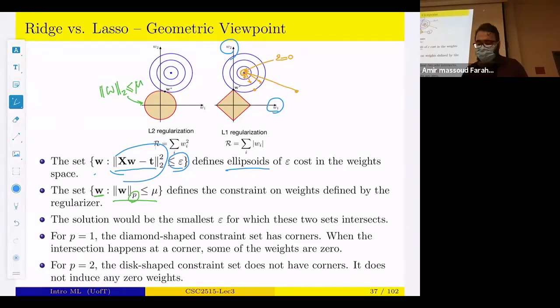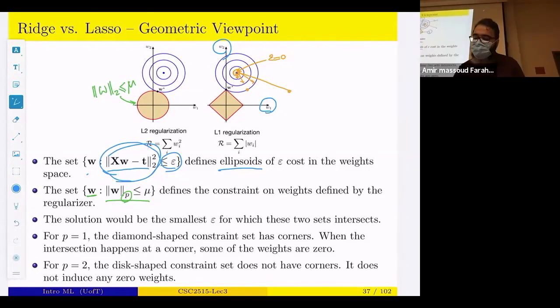So this is a quadratic equation in W's, right? It has a minimum, and I'm looking at its level sets at different levels of epsilon.